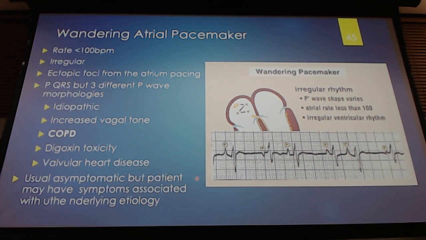So something respiratory is pushing these patients into the atria that are firing in different areas. We're going to have 3 or more different P waves, but our rate is going to be less than 100. And that's how you determine that this is wandering atrial pacemaker or this is multifocal atrial tachycardia.